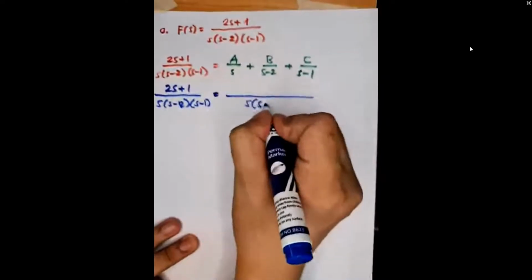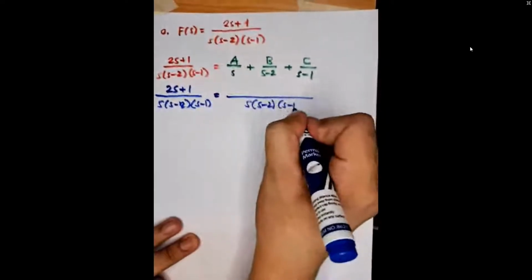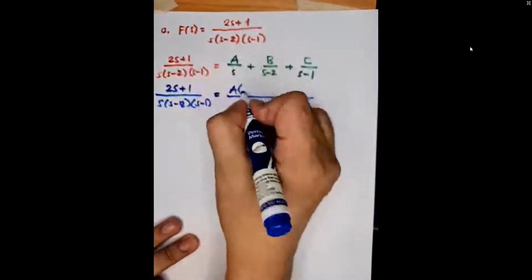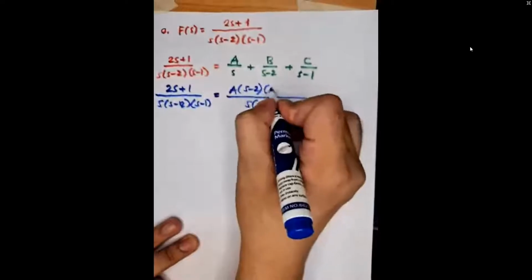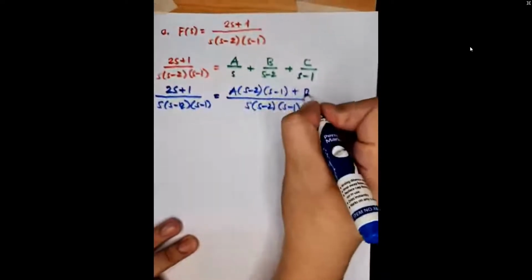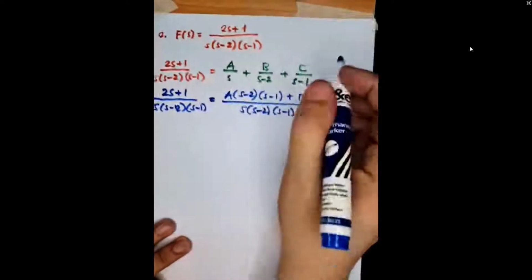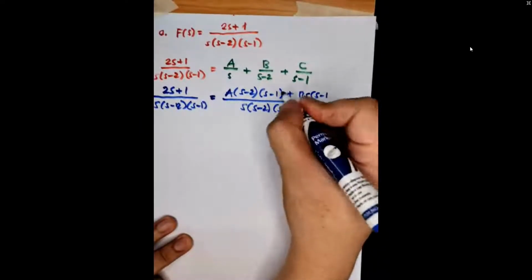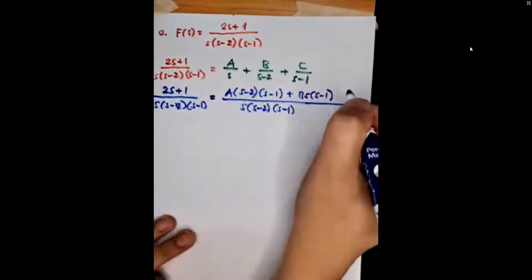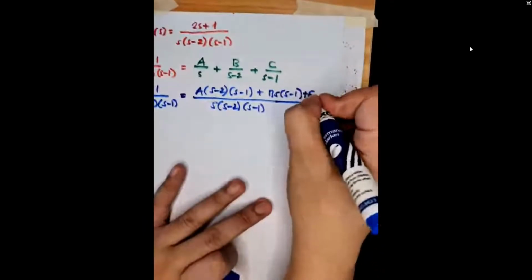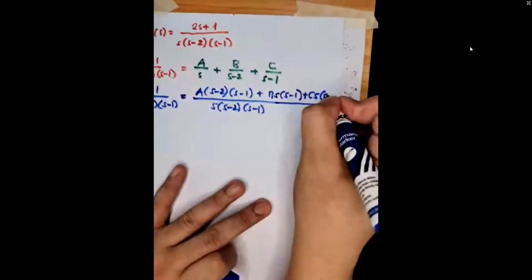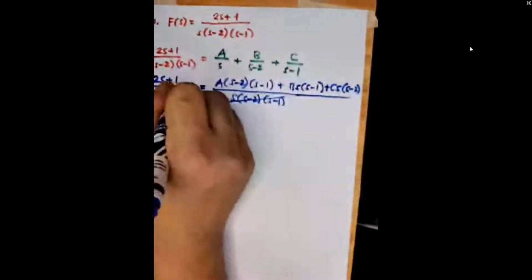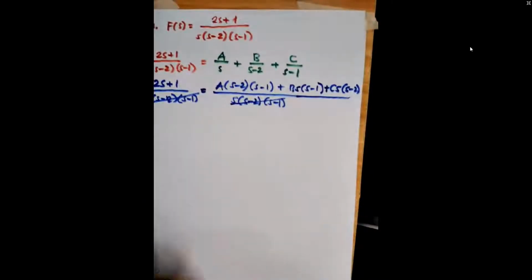That will be s, s minus 2, s minus 1 as the denominator. So A times s minus 2, s minus 1, plus B times s times s minus 1, plus C times s times s minus 2. And then we cancel the denominator. So that's what remains.